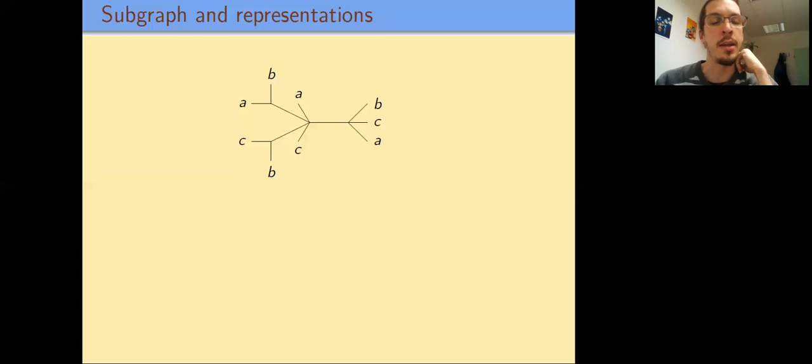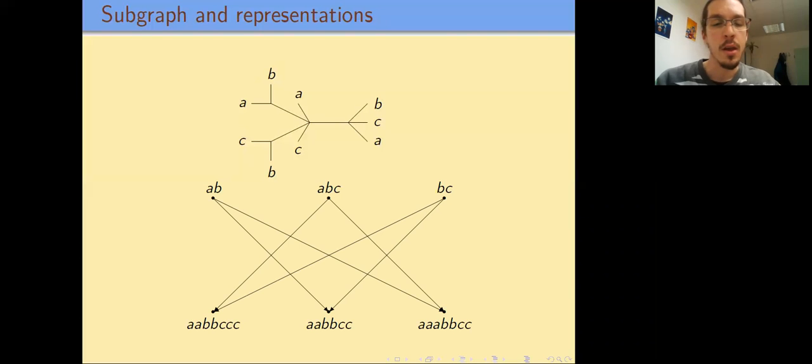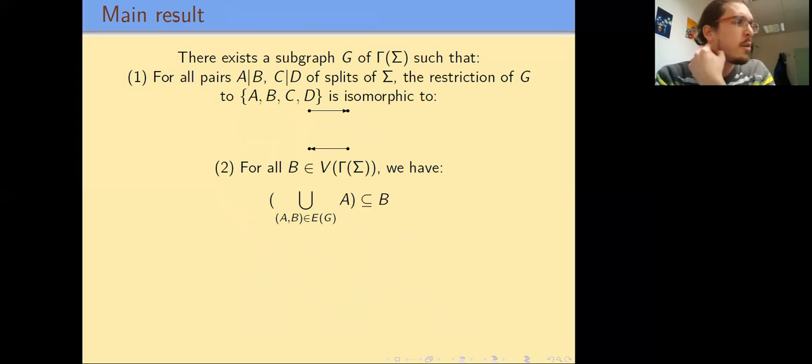If I now look at a different representation of the same split system, we obtain a different subgraph of the split containment graph. So the question is, what are the interesting properties of these subgraphs that are linked to the tree representations? These graphs satisfy two properties.